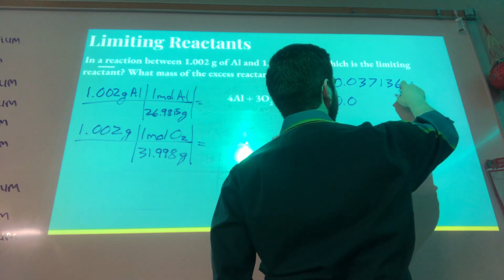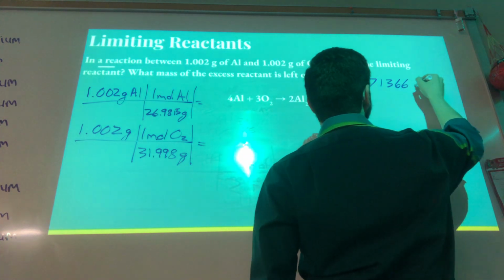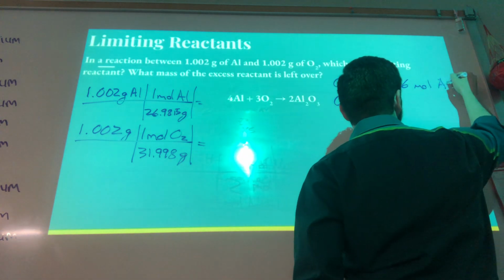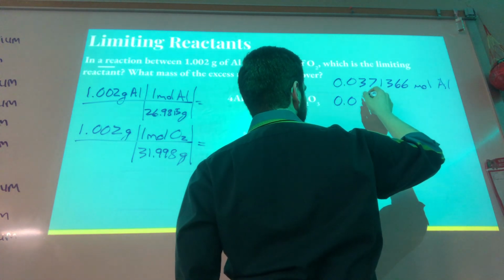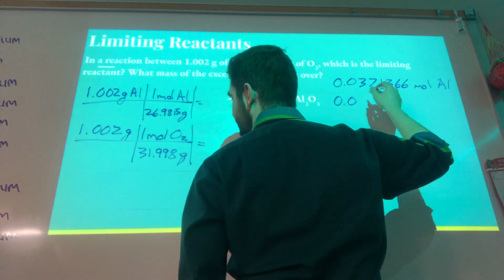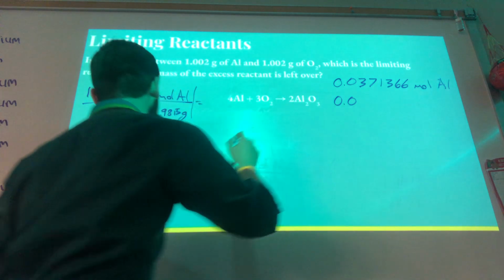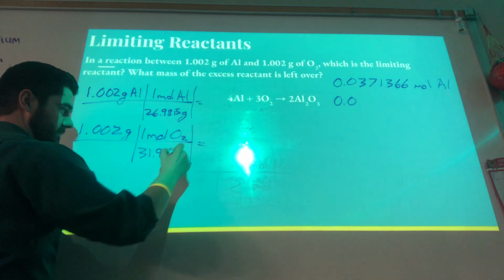Okay, 6. Thank you. Moles of aluminum. How much oxygen do I have? I was correcting your previous oxygen count. There used to be another sig fig at the back. Kinsley is right.